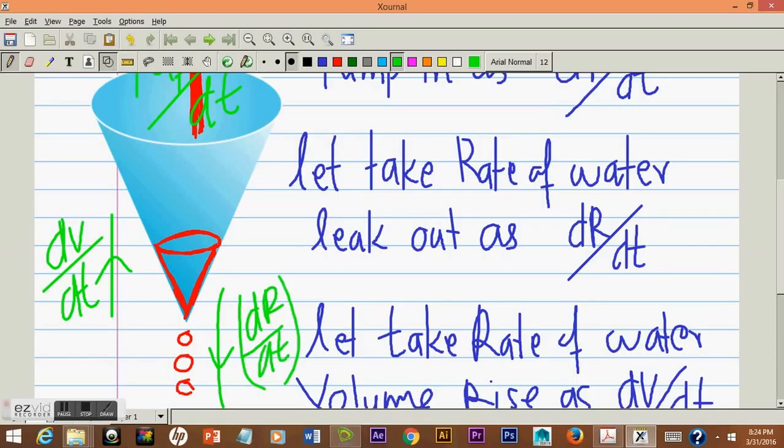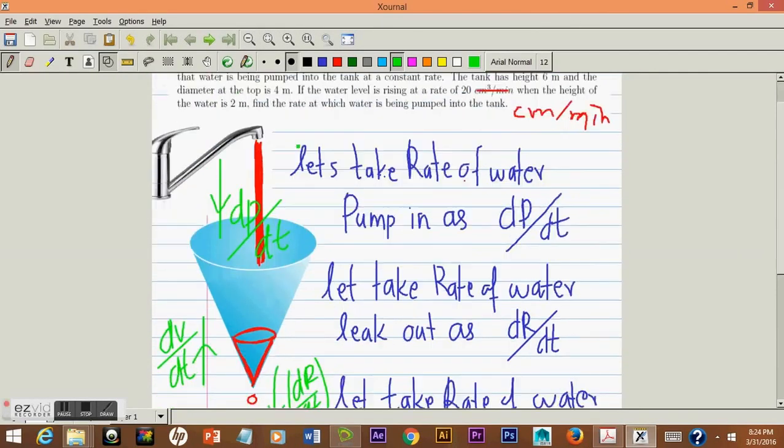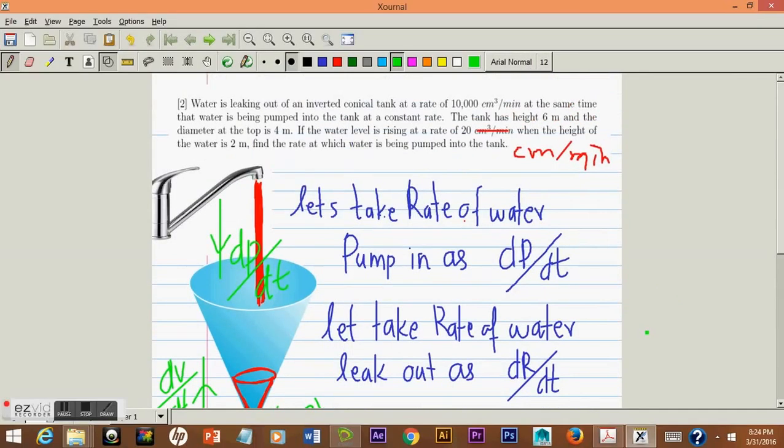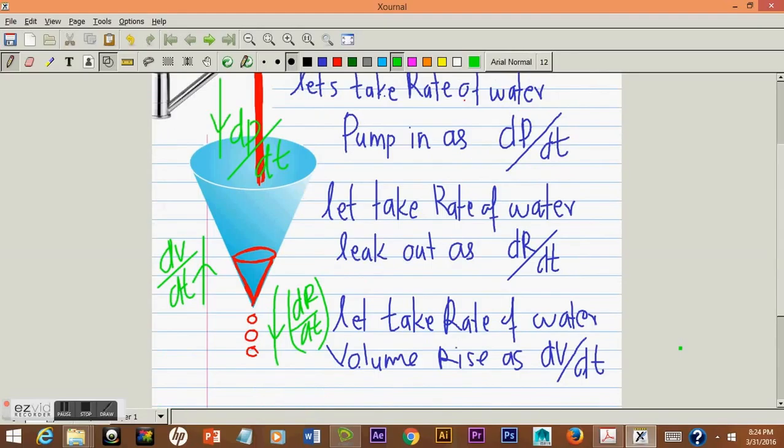So the three rates are marked up. After that, we are going to read the question again, extract the values from that, and put up a note.